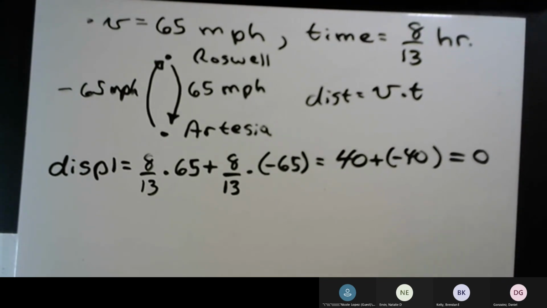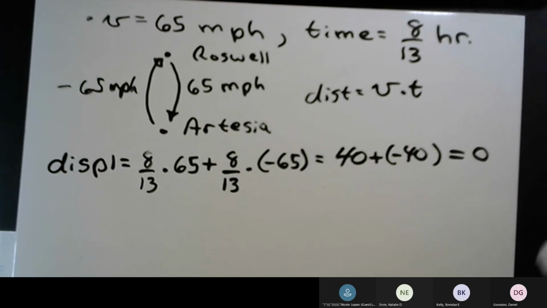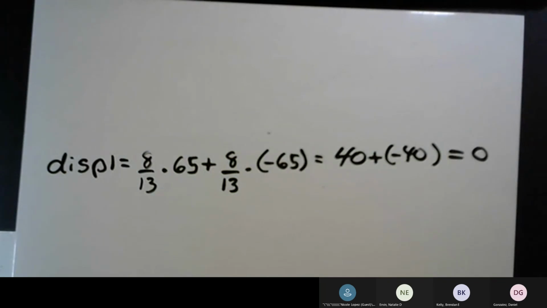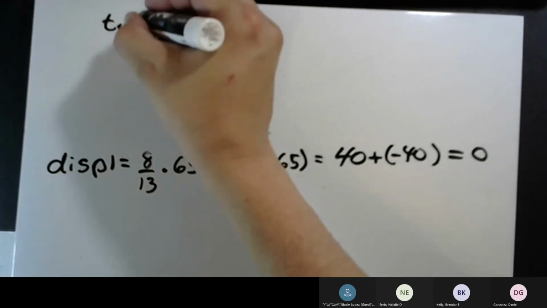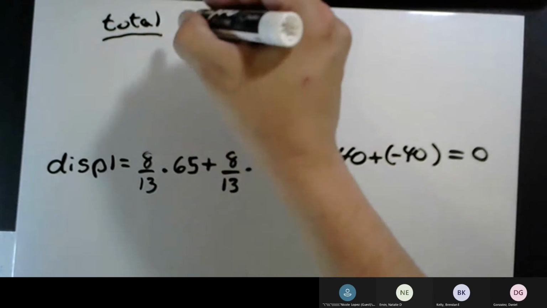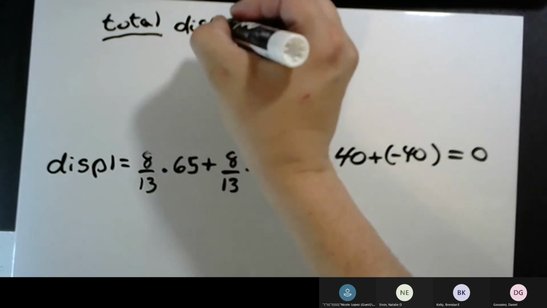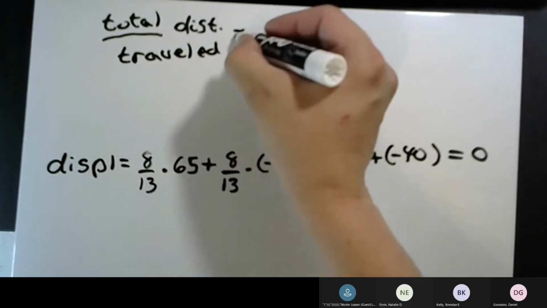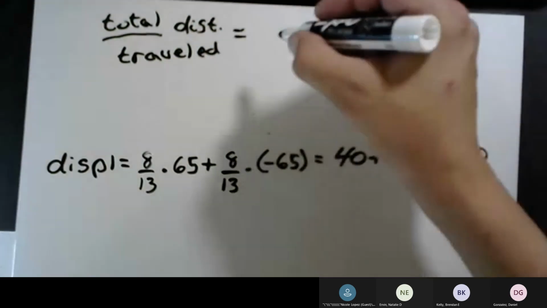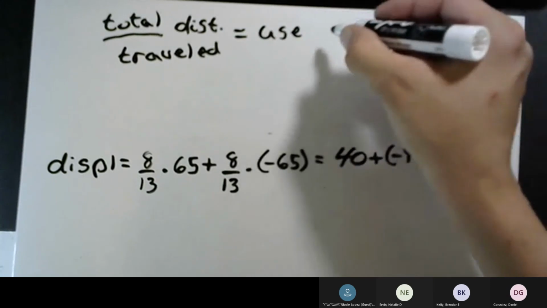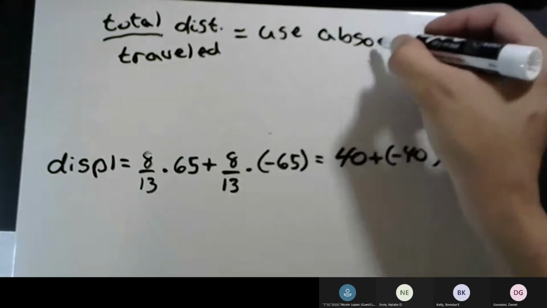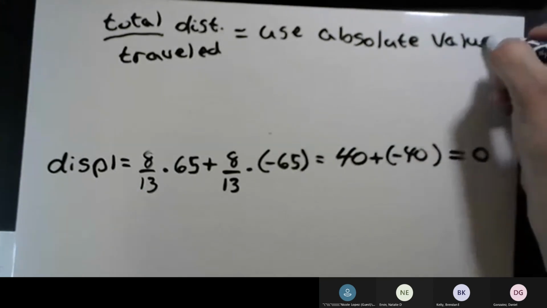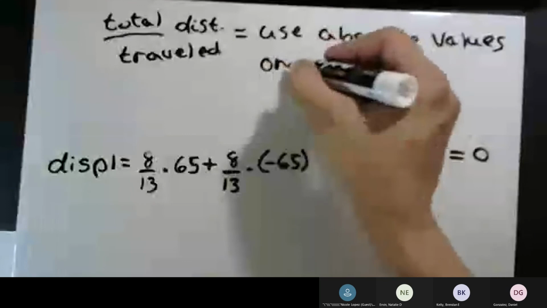What we want is total distance traveled in this application. So for total distance traveled, we're going to use absolute values on the velocities.